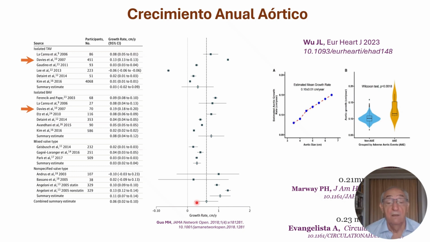So we should not be considering this because there are many measurement errors. Both in this study where they grow 0.2 millimeters per year, and in our study on bicuspid where, measured adequately by CT, it has grown 0.23 millimeters per year. They are an alarm signal. That is, watch out.